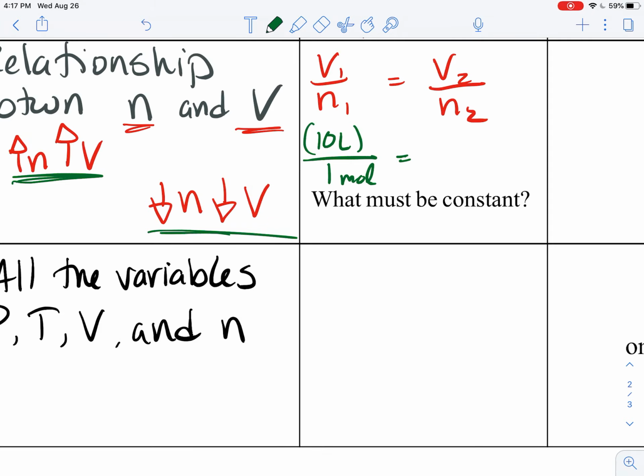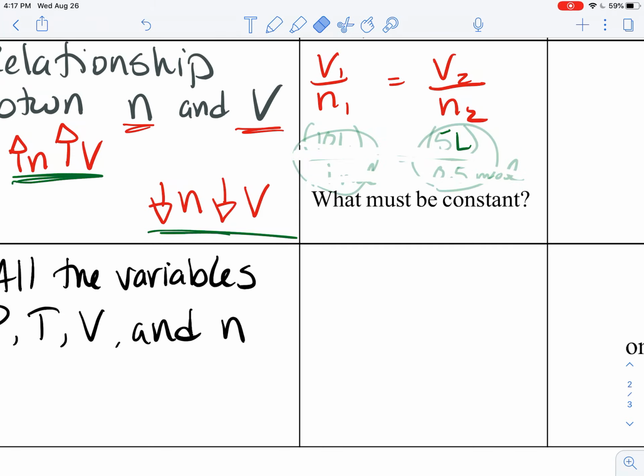And let's say that I go ahead and decrease the size of my balloon. Well, in order for this side and this side to be equal, this number is also going to have to be smaller. So if volume decreases, moles decrease. If volume increases, moles increase.